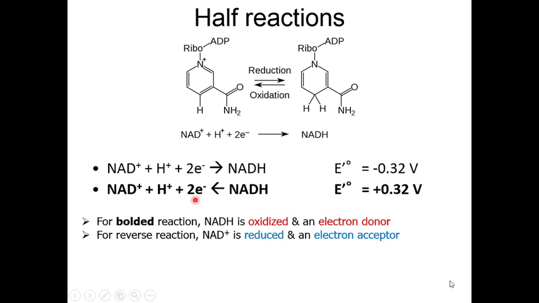So for the bolded reaction, that is going from NADH to NAD+, NADH is oxidized and is an electron donor, because NADH has electrons and it actually donates electrons as hydride. For the reverse reaction, NAD+ is reduced and an electron acceptor.